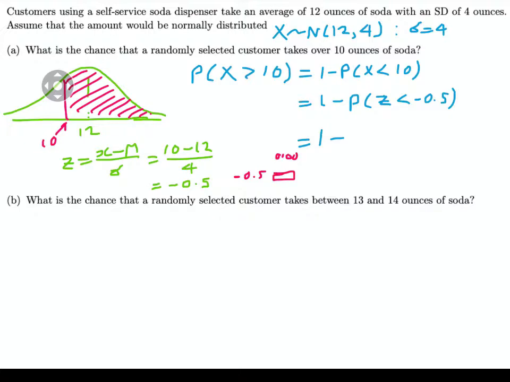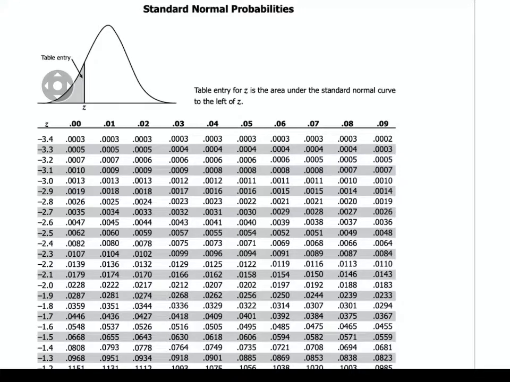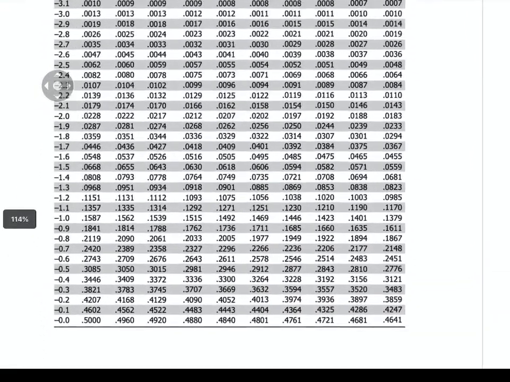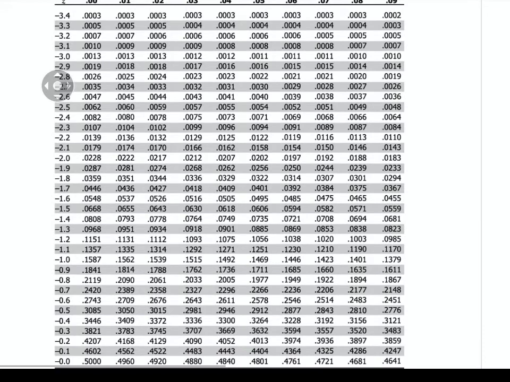Let me explain this. So this is the Z table. You see we need negative 0.5. So go to the negative 0.5. Yes, you see this one is the negative 0.5. So this is the 0.00. Therefore, this is 0.3085.